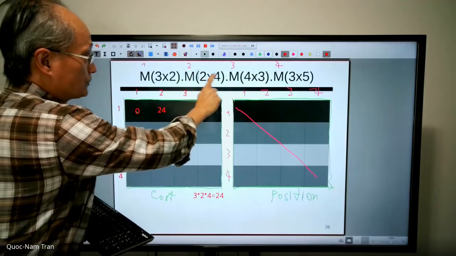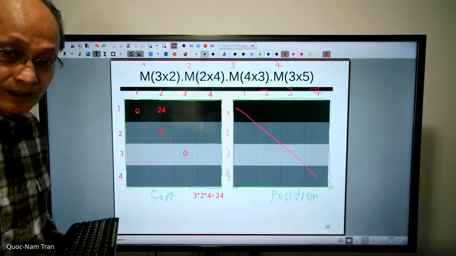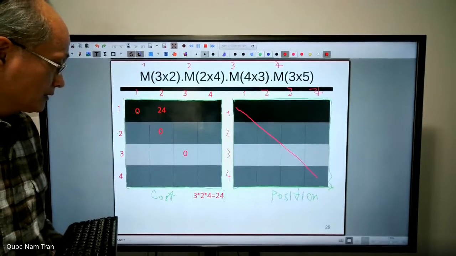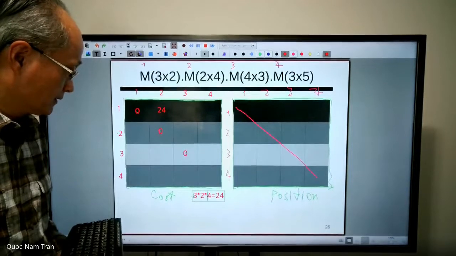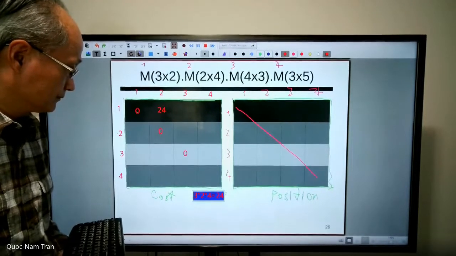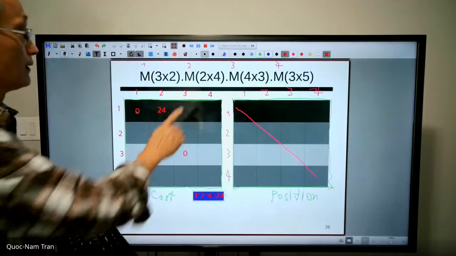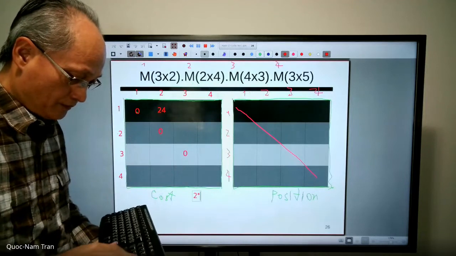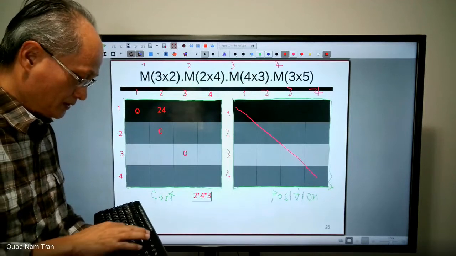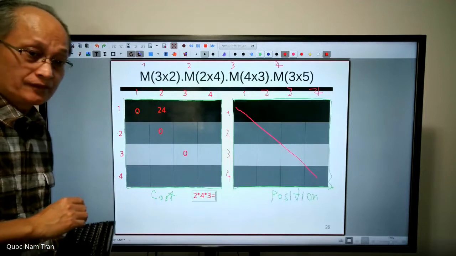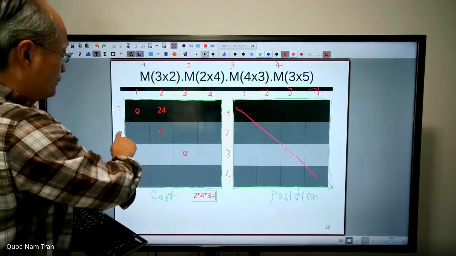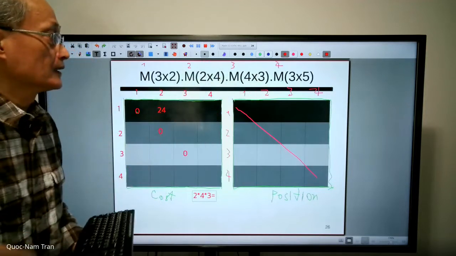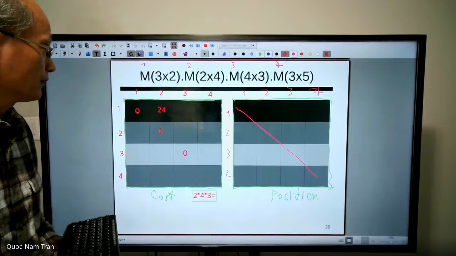The sequence from 2 to 3. 2 by 4 by 3, which is 24 also, right? So 2, 3, we have 2 by 4 by 3, also 24.